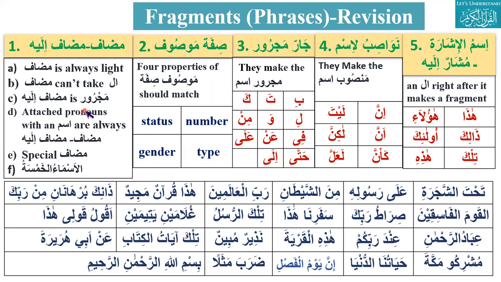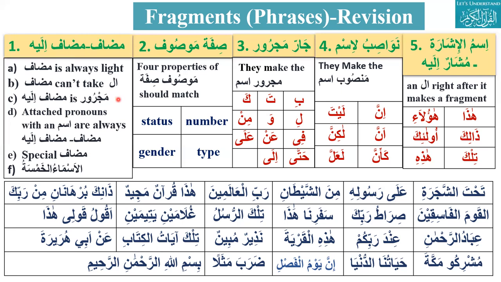And mudaf ilayh should be what? Mudaf ilayh should be majroor. What about Makkata? Makkata is majroor. Okay. So we have to revise these things: mudaf, mudaf ilayh. These slides have examples, and we just have to apply them, as we did with the previous slide, about the properties of nouns and then the fragments.